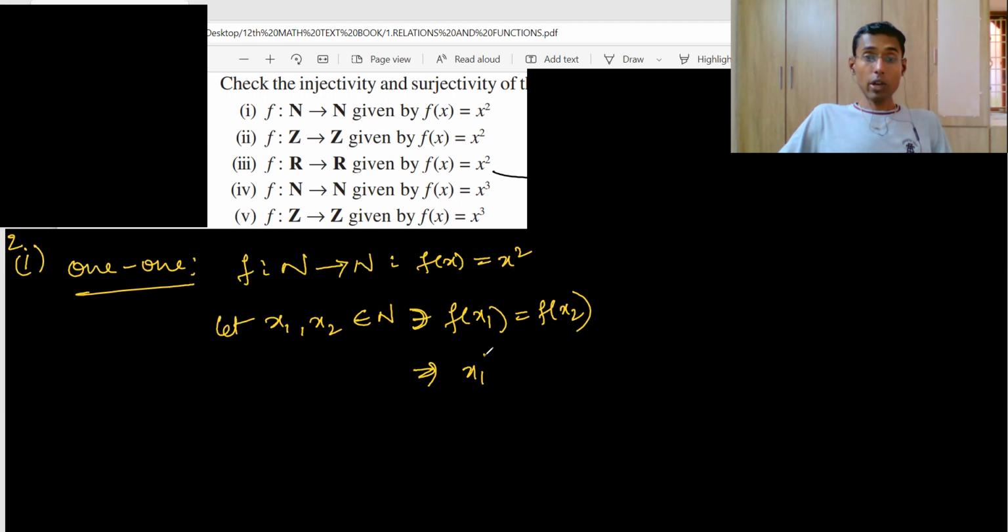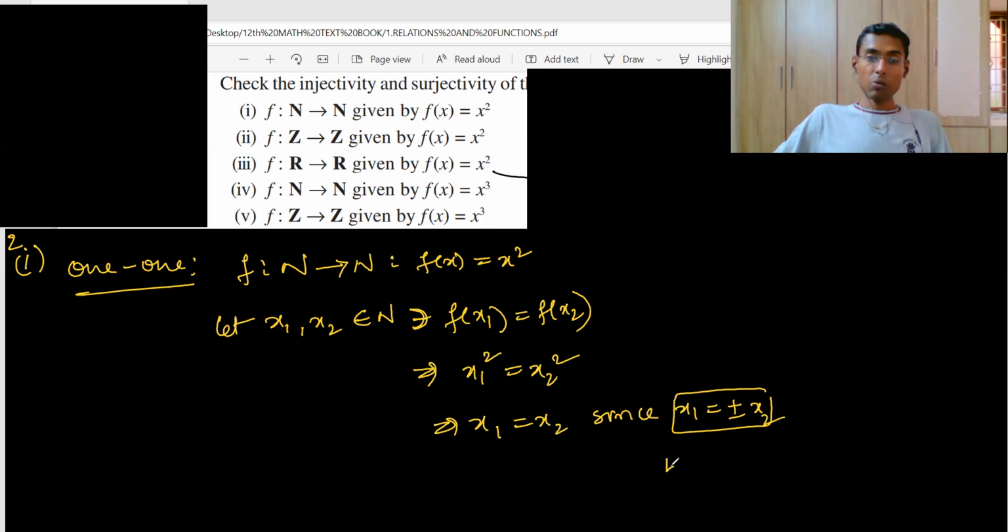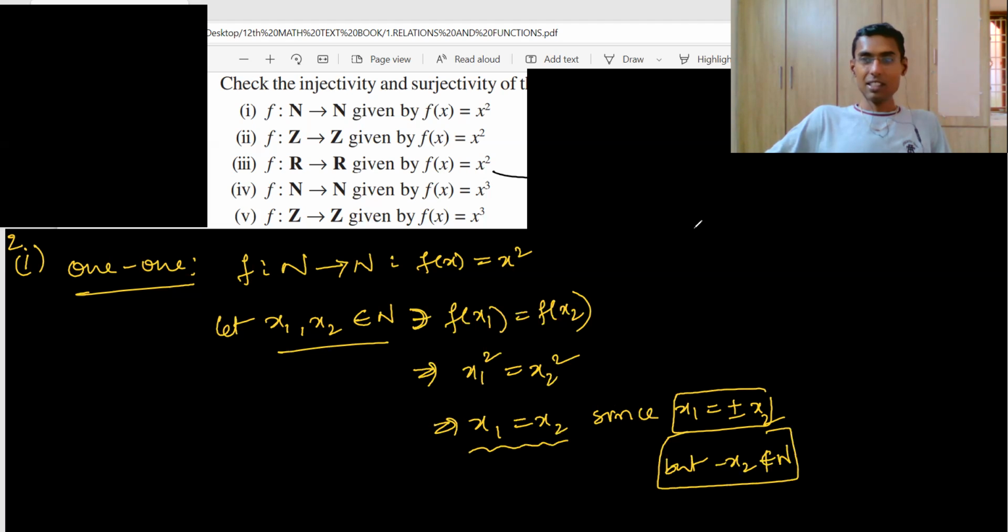That implies x1 square equal to x2 square. That implies x1 must be equal to x2. Why? Generally x1 is equal to plus or minus x2. But x1, x2 are natural numbers, so there is no question of a negative number. Minus x2 does not belong to N. For example, x square equal to 2 square, x equal to plus or minus 2.